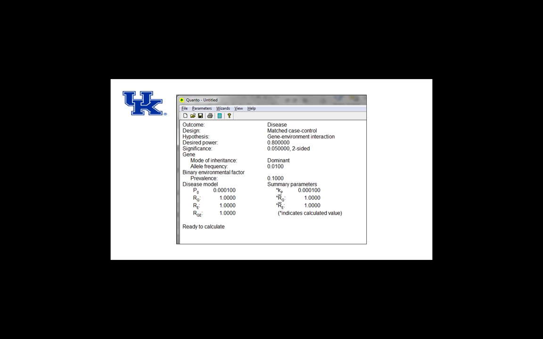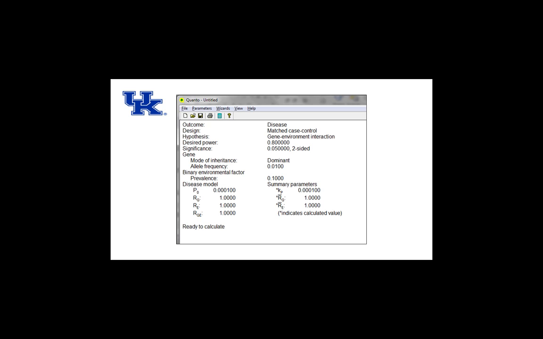You can see here the outcome is disease, so we're dealing with a case-control study. The design is matched case-control. For some covariates you're interested in, you might match on age of death, for example, and gender, and a case gets matched to a handful of controls with similar ages of death and genders. The hypothesis is gene-environment interaction, the thing you're testing, with desired power, significance of 0.05, and a two-sided test.